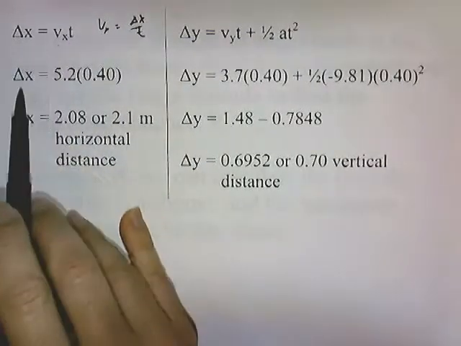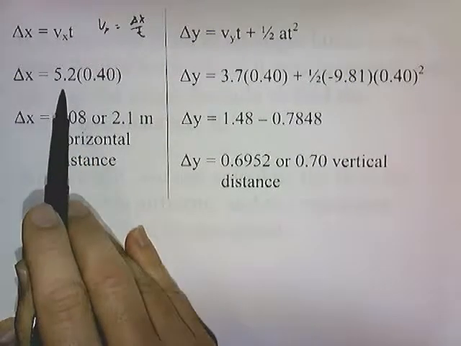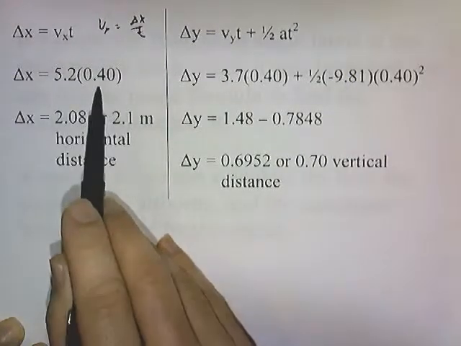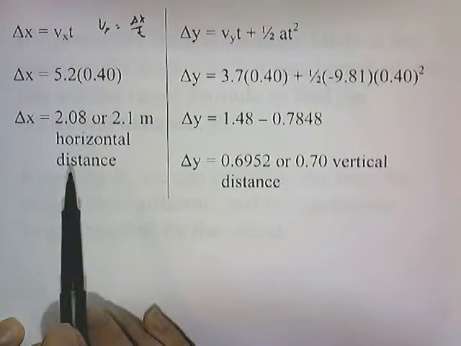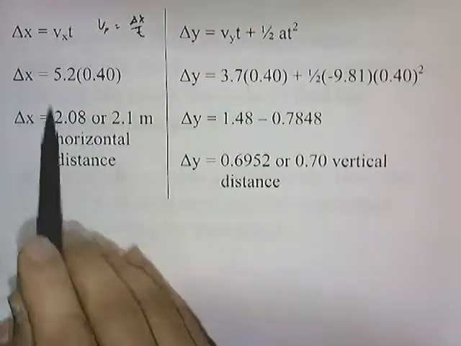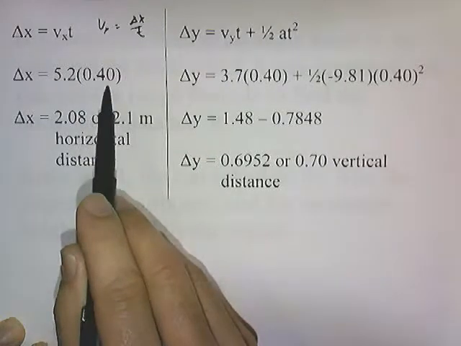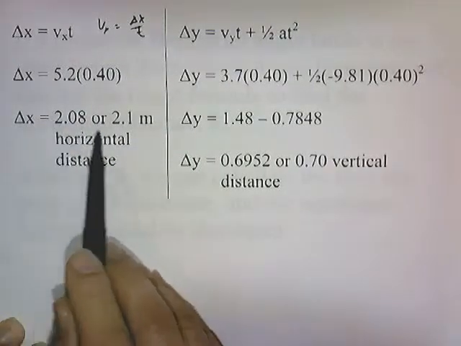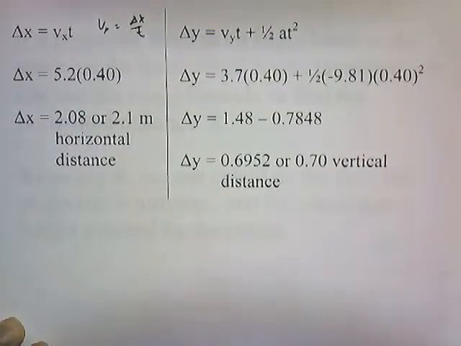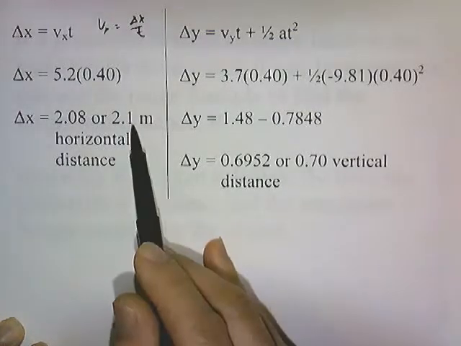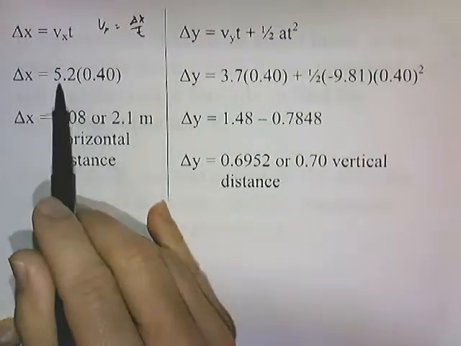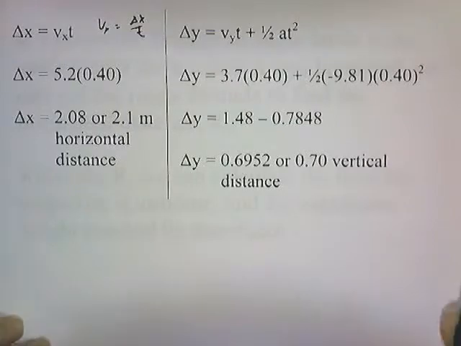So delta x equals vx, which we found was 5.2, times the time, 0.4. So traveling at this velocity horizontally over this period of time, it will cover about 2.1 meters horizontally. All right? So that's the horizontal distance covered during this time period when it's traveling at that rate horizontally.